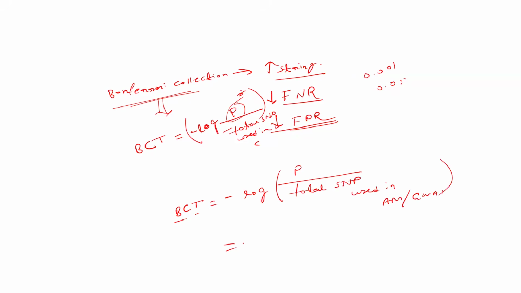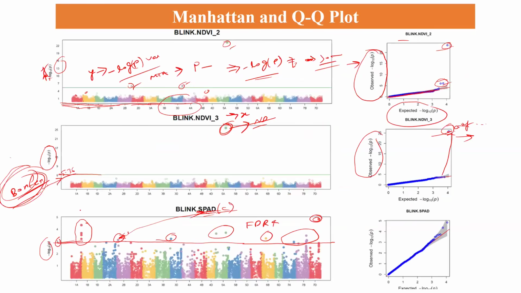In my GWAS analysis I used the p value 0.05 and the number of SNPs which I used is 11,574. The Bonferroni correction threshold value will be 5.36.